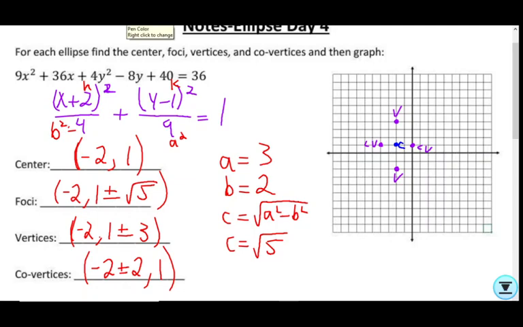And then my foci, the square root of 5 is a little more than 2, so 1, 2 right here. Those are my foci. And now we draw our ellipse. That's a pretty good ellipse.